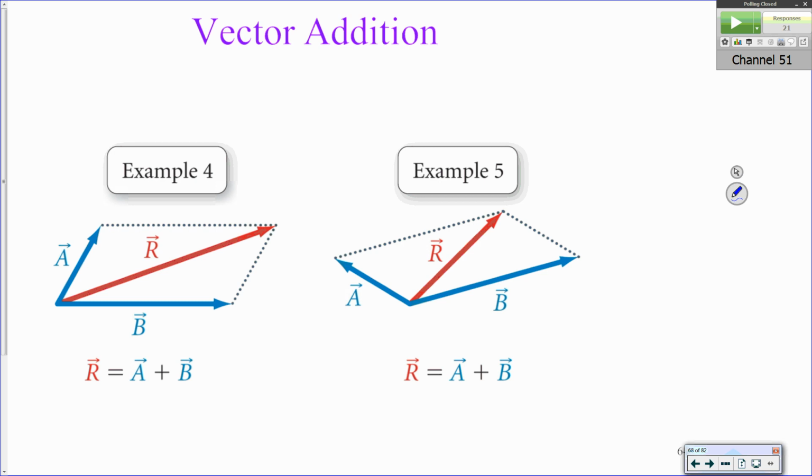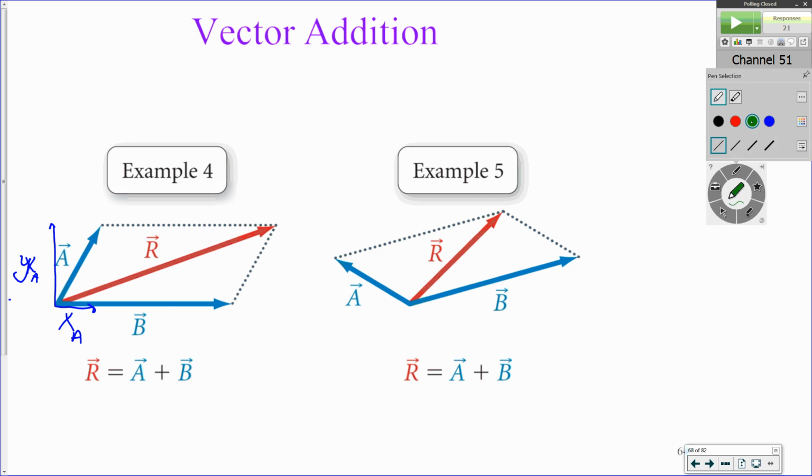If I think of this as an XY grid, I've got a Y component associated with A, and I've got an X component associated with A. Then I could do a similar thing with B, except vector B is all on the X-axis.